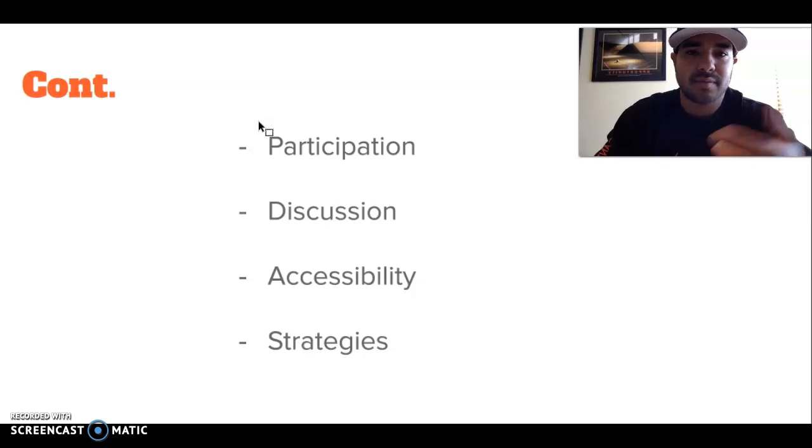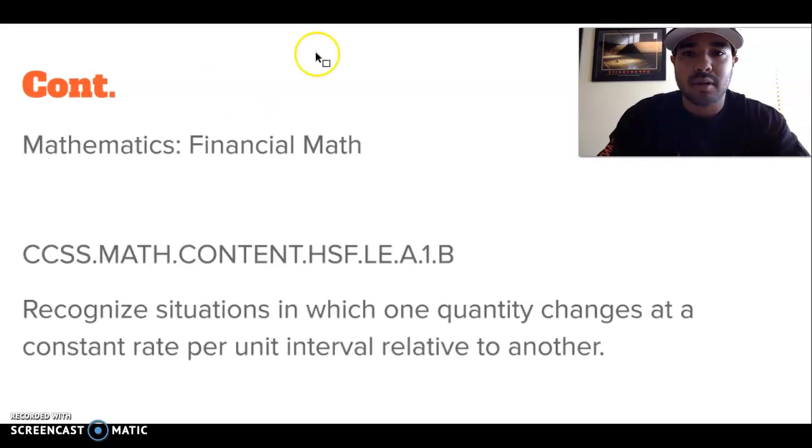So again, you have to plan and strategize. Teachers need to implement strategies that actively have students participating in discussion. And for that, it all ties back to vocabulary and academic language.